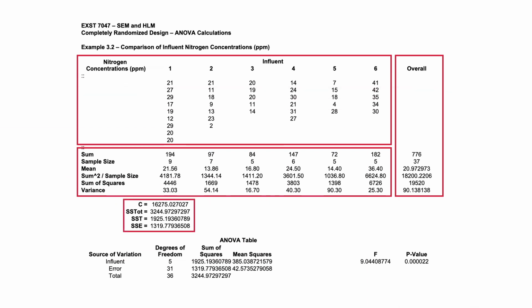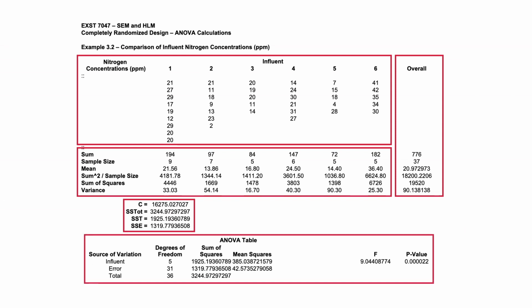And below that, we've got calculations for the correction factor, as well as the three sums of squares for the ANOVA. Once we have all that, we can construct the ANOVA table, and the entries in the table are programmed to pull the relevant information from the calculated cells above. And so you can see here, for example, that the F statistic is 9.04408774, which is the same as we got calculating it by hand.